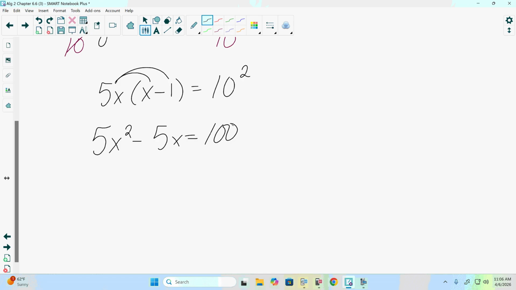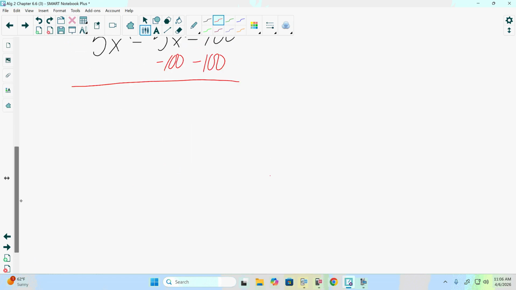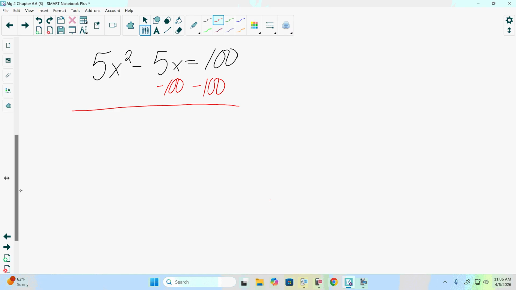Five x times x is 5x squared. 5x times -1 is -5x. And our 10 squared is 100. And again, we do have an x squared term, so we're going to have to subtract 100 from both sides.